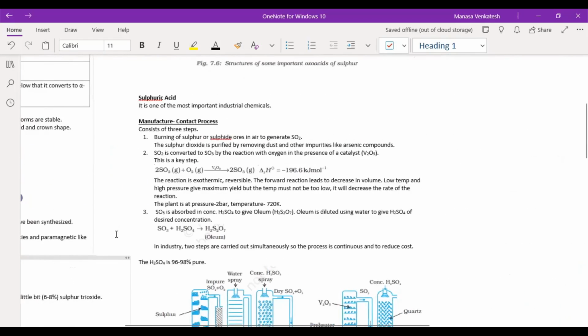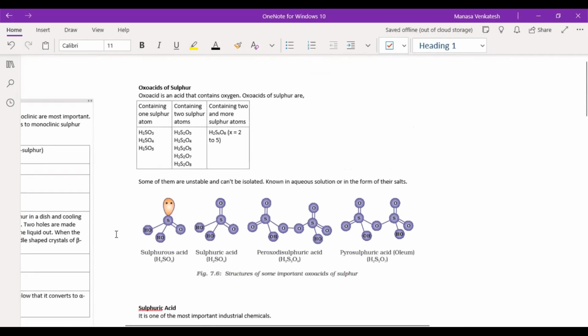Let's move on to the oxo acids of sulfur. As I told you, an oxo acid is any acid that contains oxygen. The oxo acids of sulfur are given below in the table. Some have only one sulfur atom, some two sulfur atoms, and some two or more. This is actually given as one single line, and I thought if it's in a table, it'll probably be easier for you to remember.